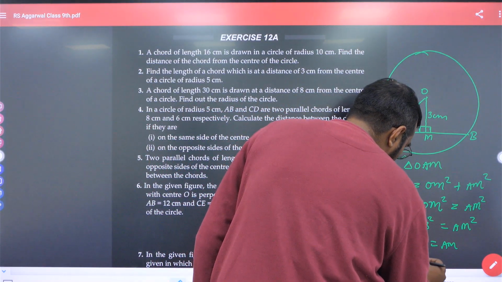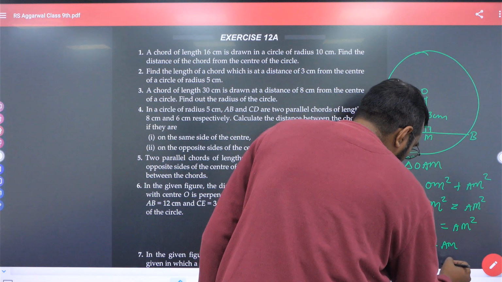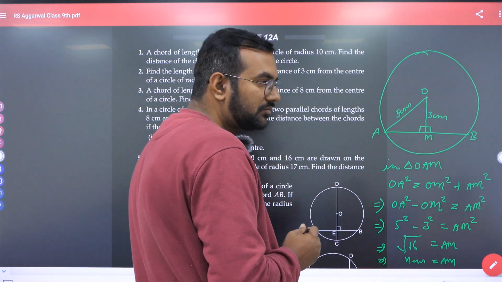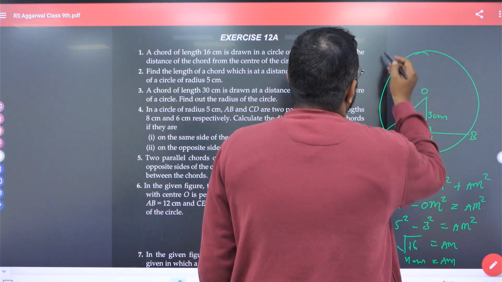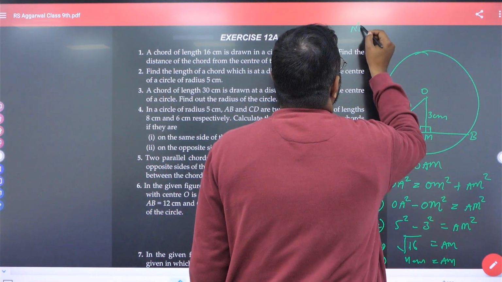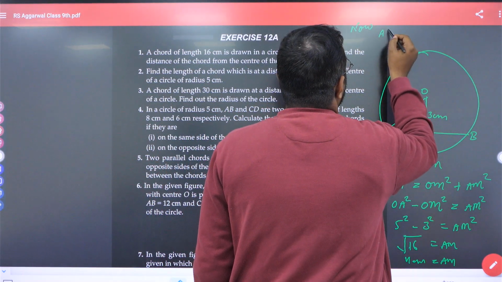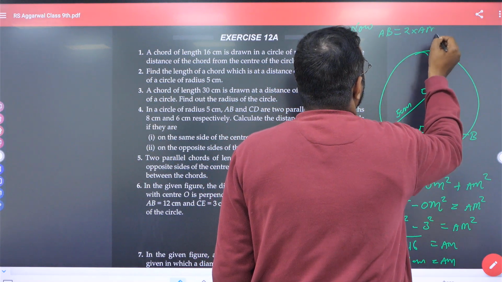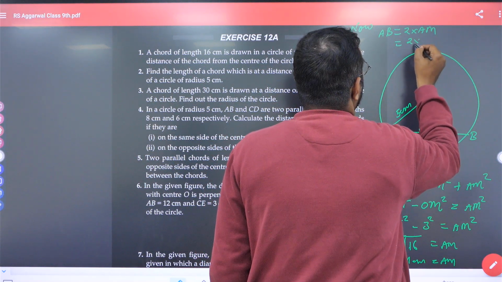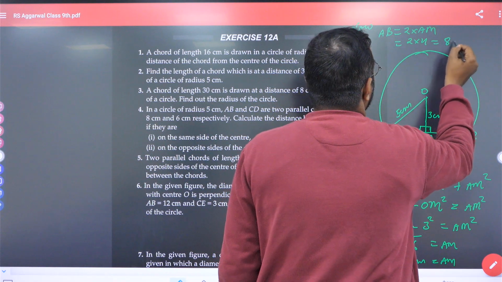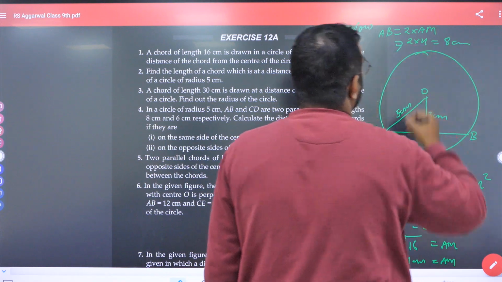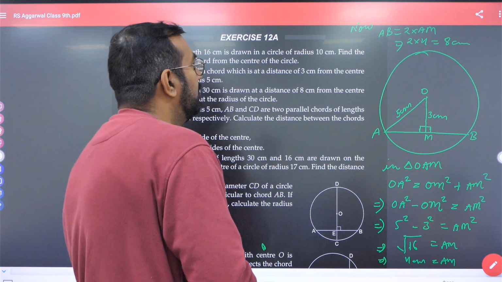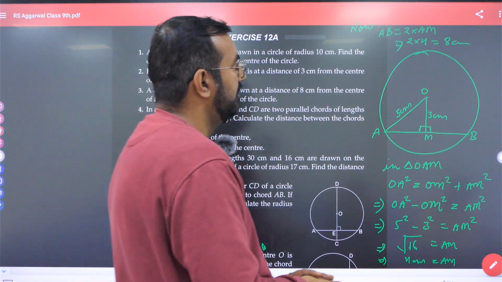That means 4 centimeter. AM is 4 centimeter. Okay. Then AB is equals to 2 multiply AM, right? Double of AM. 2 multiply 4, that is equals to 8 centimeter. Okay. AB is equals to 8 centimeter.